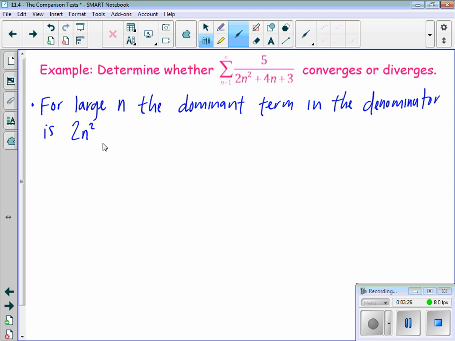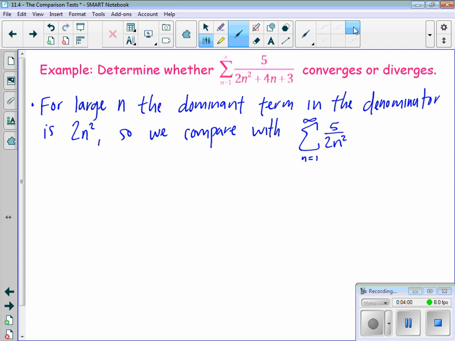So we're going to compare to the dominant piece in the numerator, which is just 5, and the dominant piece in the denominator. So we compare with, and we just set it up the same, except we're just going to use the dominant pieces. This is very typical to use, and it's super easy, and you'll remember how to do it because you'll do it now, and in your homework. Okay, so this is what we're going to compare to.